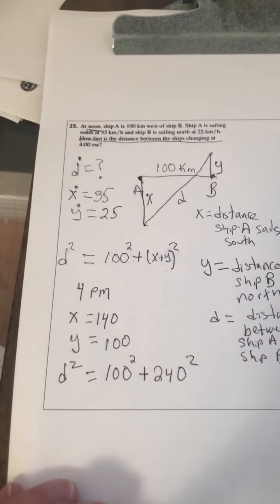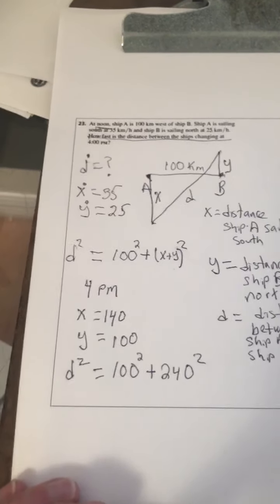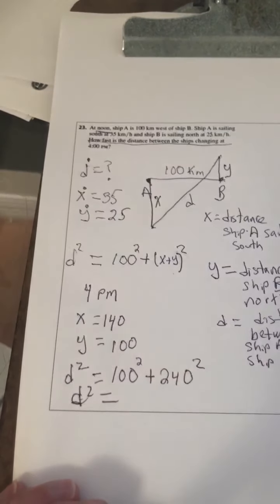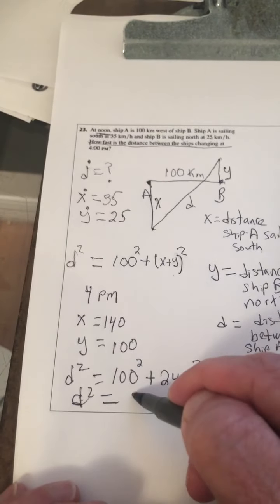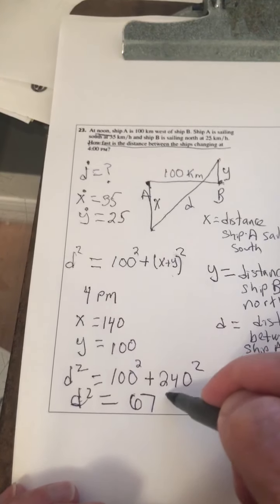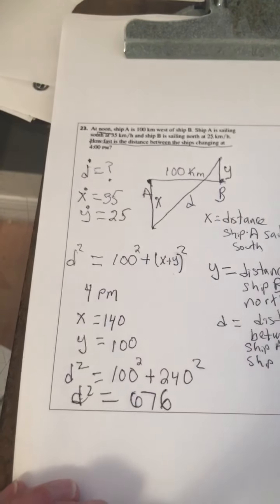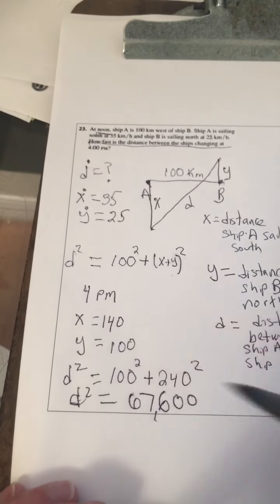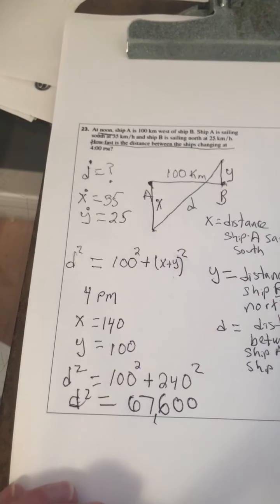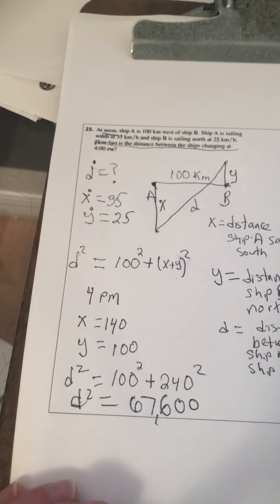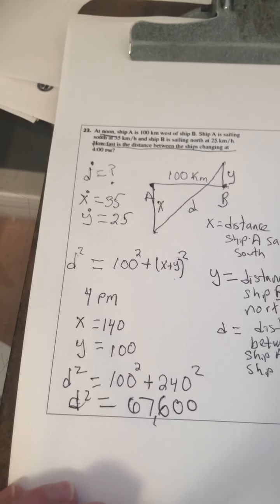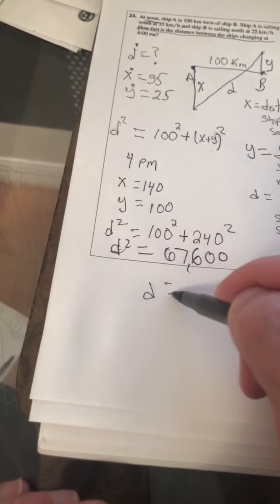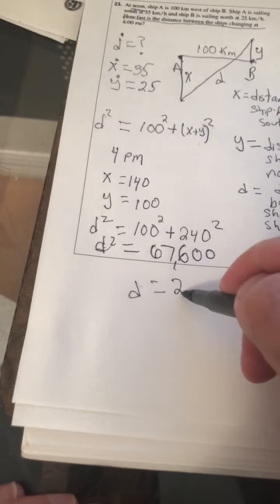So d squared ends up being 67,600. So d at this instant is 260.